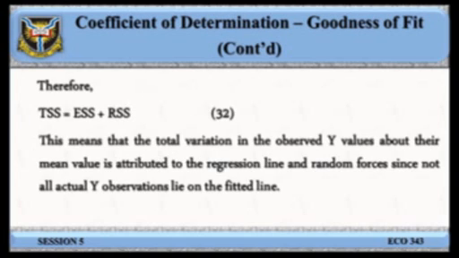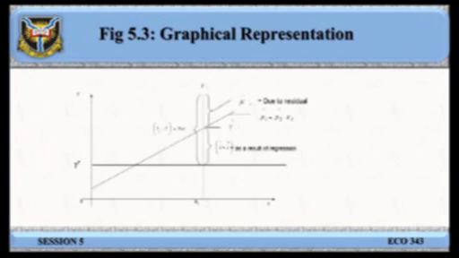Therefore, TSS is equal to ESS plus RSS, equation 32. This means that the total variation in the observed y values about their mean value is attributed to the regression line and random forces, since not all actual y observations lie on the fitted line. This could be represented diagrammatically.